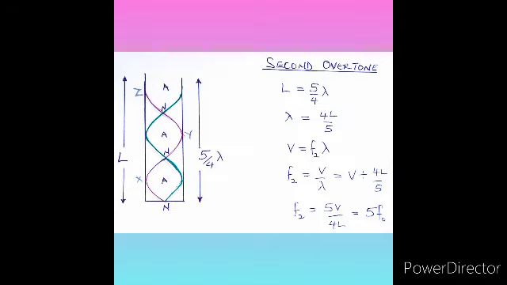And that means our F2 equals 5V over 4L, and that is equivalent to 5F naught. So the second overtone is equal to the fifth harmonic of the fundamental frequency. The harmonic is a multiple of the fundamental frequency. So F2 equals 5F0.